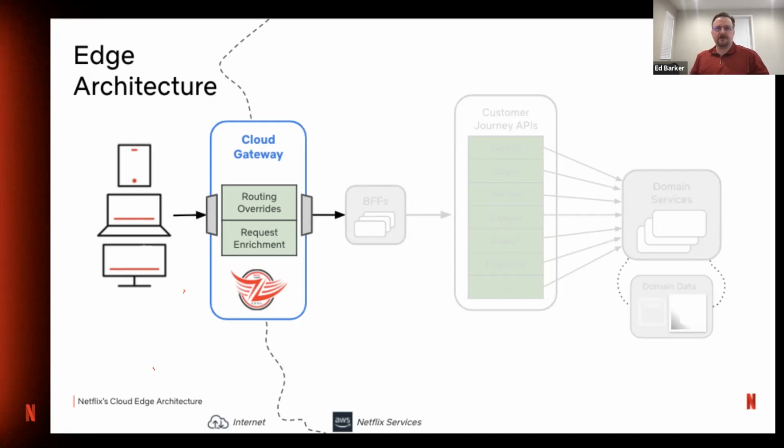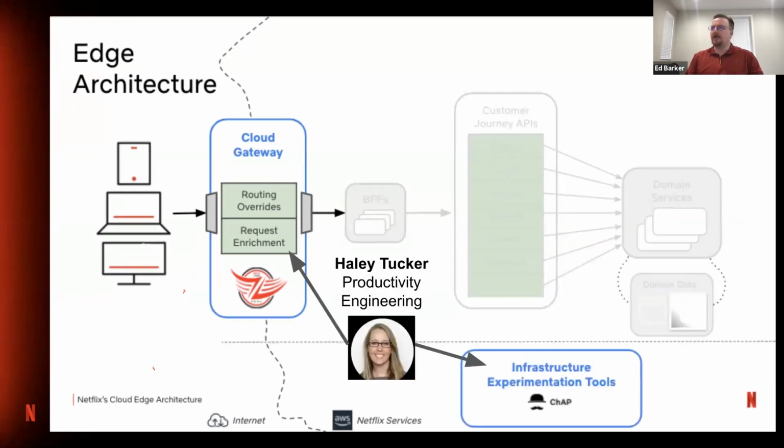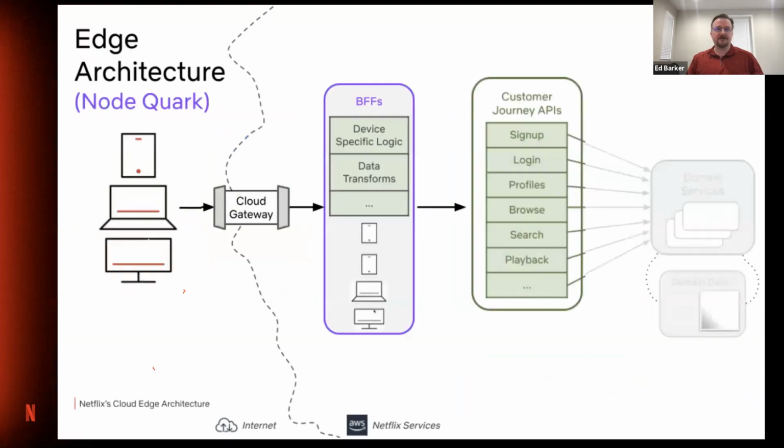This is our front door proxy service providing traffic shaping, rate limiting, etc. It also enables us to override routes for particular clients and enrich requests from client devices in a targeted manner. Haley Tucker is the AMA expert here today to represent how we leverage the cloud gateway features to provide infrastructure experimentation tooling for validating and delivering software at Netflix.